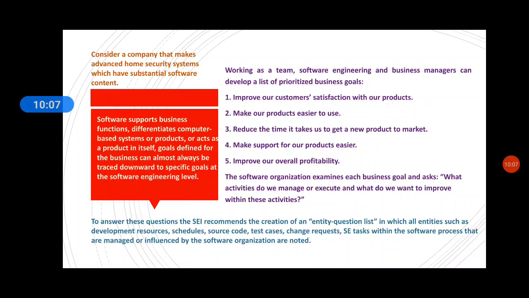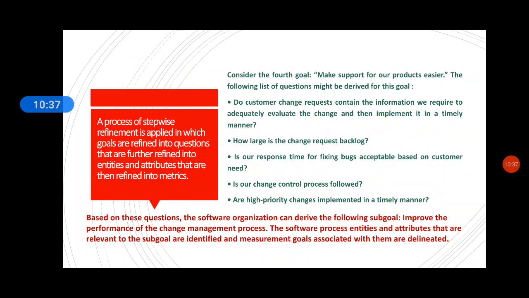To answer certain questions, the SEI recommends the creation of an entity question list, where all the entities such as development resources, test cases, schedules, source code, change requests, and so on, within the software process that are managed or influenced by the software organization are noted.